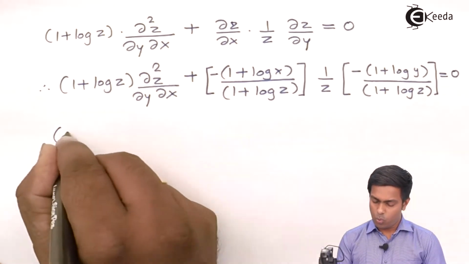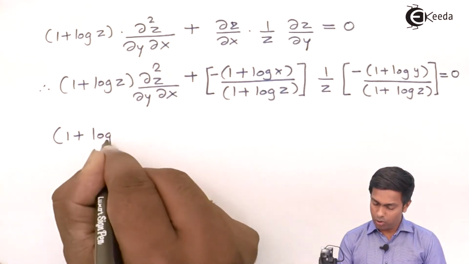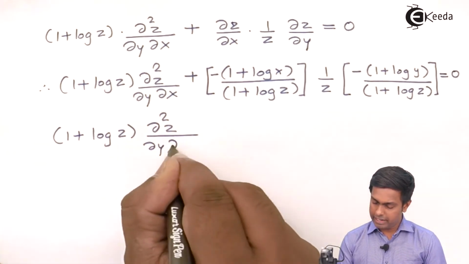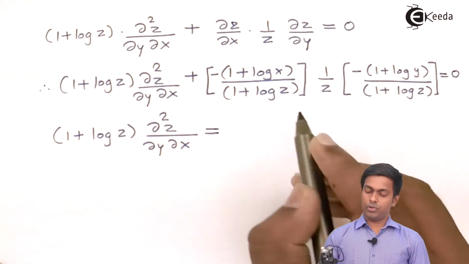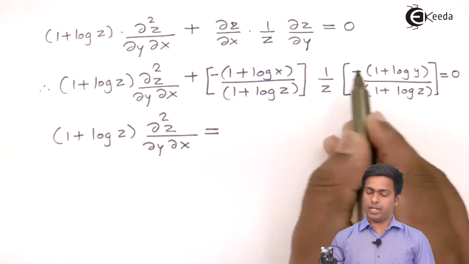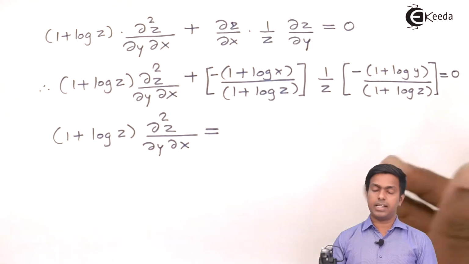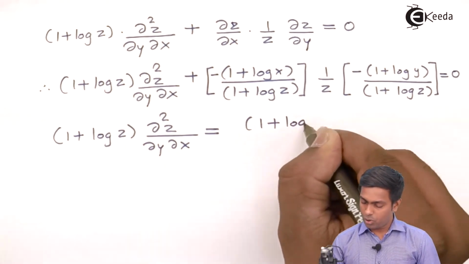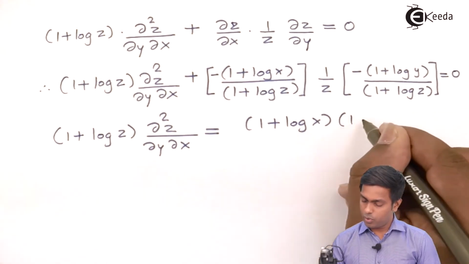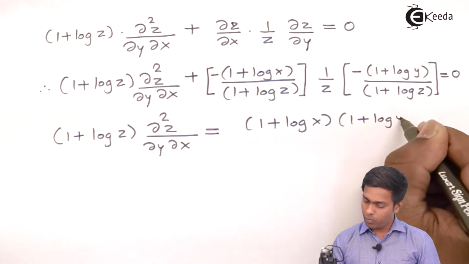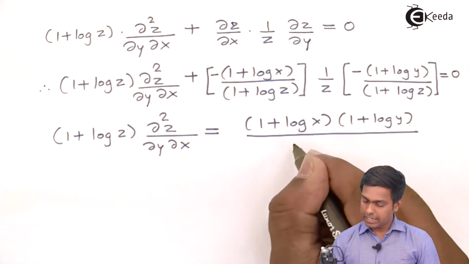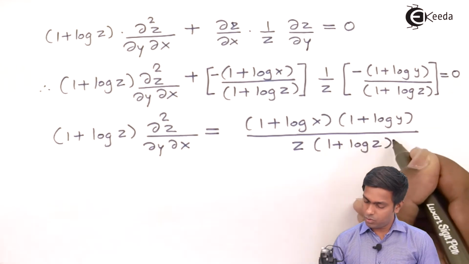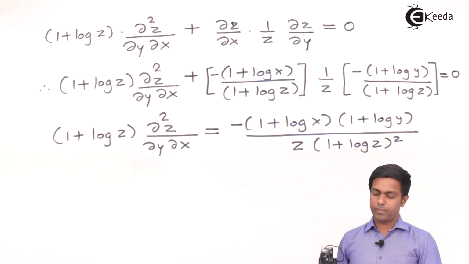So we'll get 1 plus log of z into del square z by del y del x equal to, now this minus into minus will become plus, and when it goes to the RHS that will become minus again. So we'll get 1 plus log of x into 1 plus log of y upon z into 1 plus log of z the whole square, and that too negative.